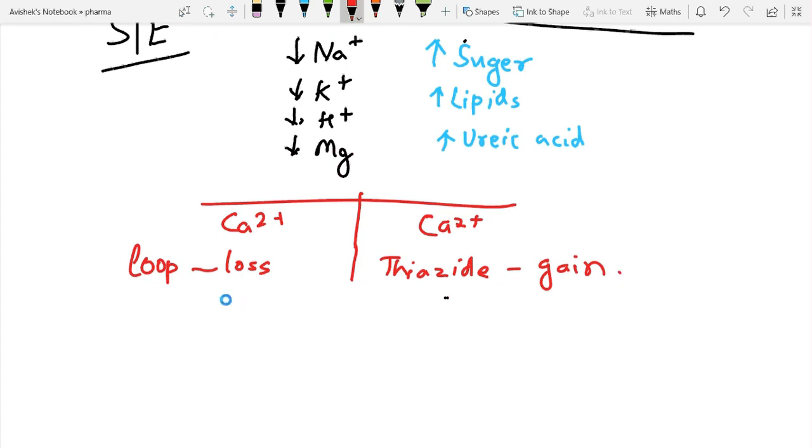So loop diuretics will lose calcium, so in the body there will be less calcium. Loop lose, L to L. Thiazides will gain calcium.